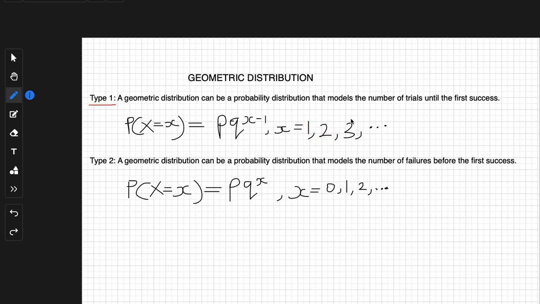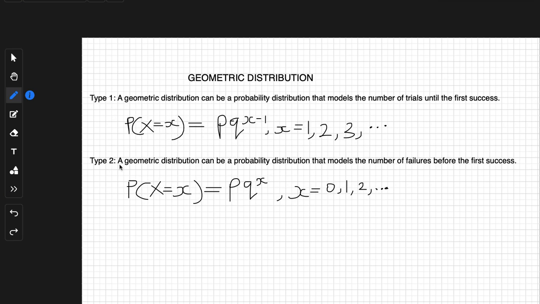You can't tell. So you keep performing the experiment until you have the first success, then you stop. Sometimes the success may be the second time, it may be the first time, it may be the third time, it may even be the 100th time. All right. Now that's the first type of geometric distribution.